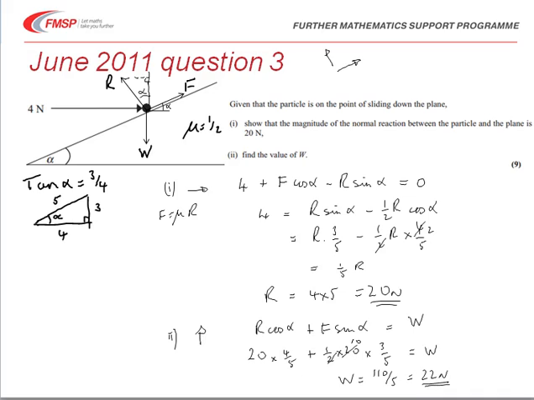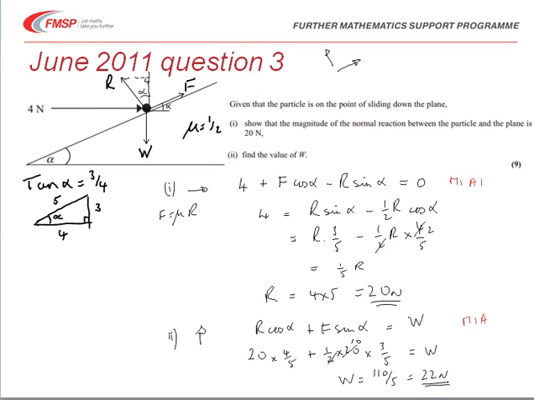Well, the marking for this was to give an M mark and A mark for the resolving in the two directions. There was a B mark, and that's a mark without method, for getting the values of sine alpha and cosine alpha correct.